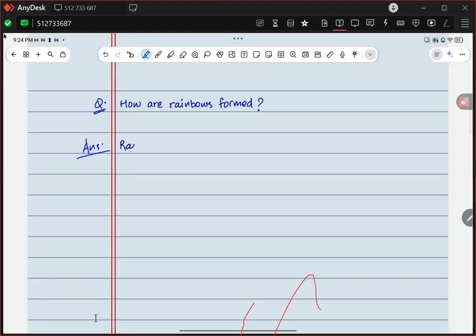So the rainbow is caused by dispersion of sunlight by tiny water droplets.